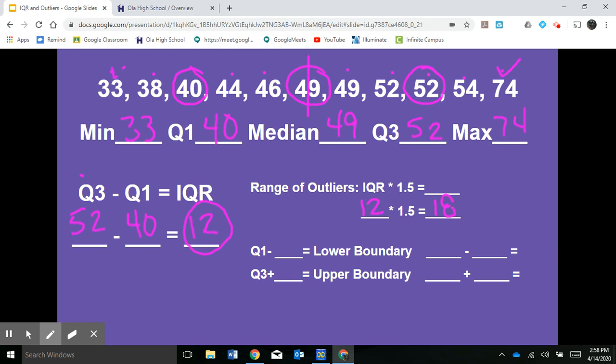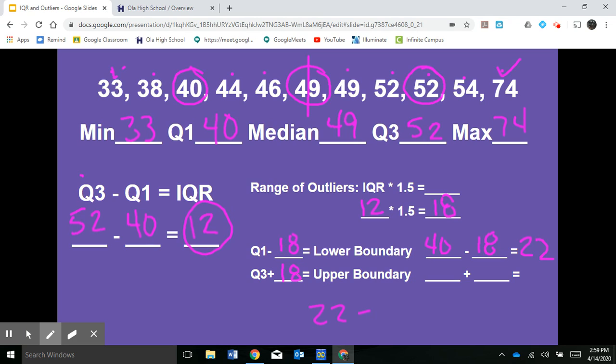What I have to do now is take that 18 and subtract it from Q1 to find my lower fence or my lower boundary. So Q1, 40 minus 18 is 22. So my lower fence is 22, and then I do the same thing to the Q3, but I'm going to add it to Q3.